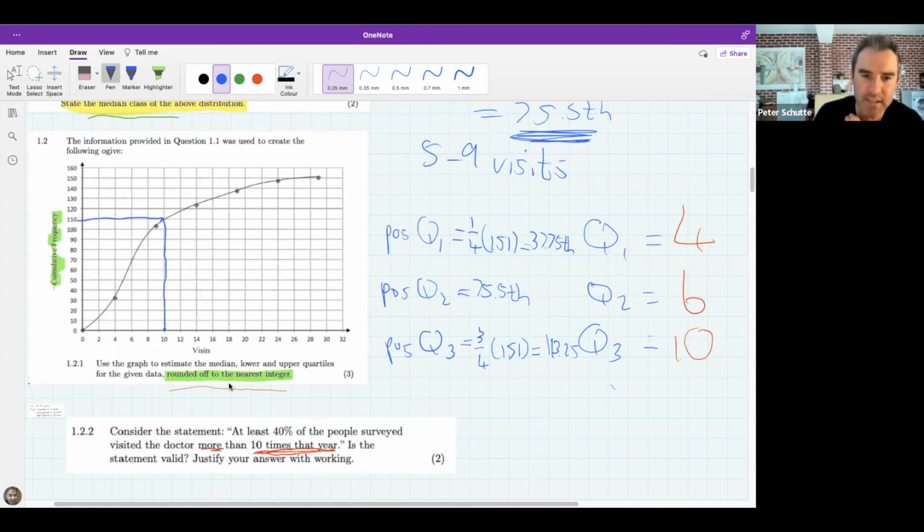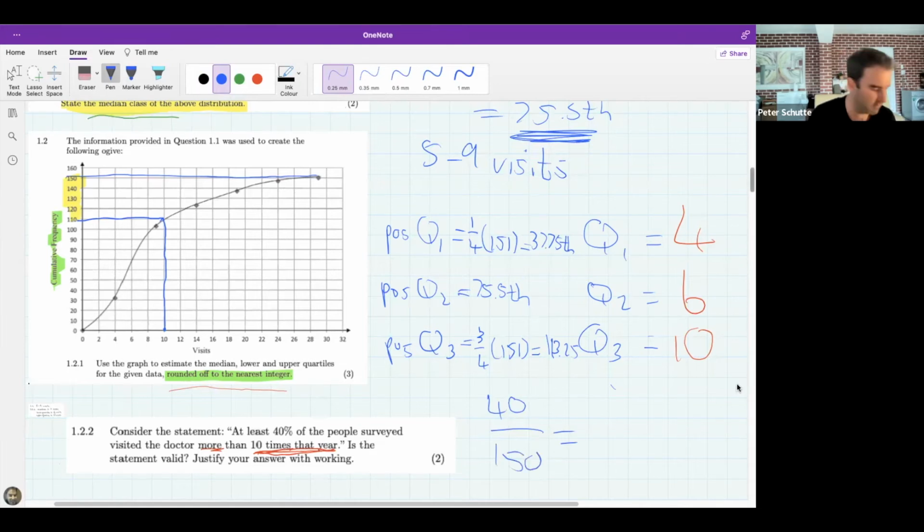That means that only 40 people, so 110 visit 10 times or less, because it goes all the way up to 150, only 40 people, so only these bits over here, visit the doctor more than 10 times a year. Now, I think this is invalid. It's not valid because if you think about 40 as a fraction of 150, what is that?